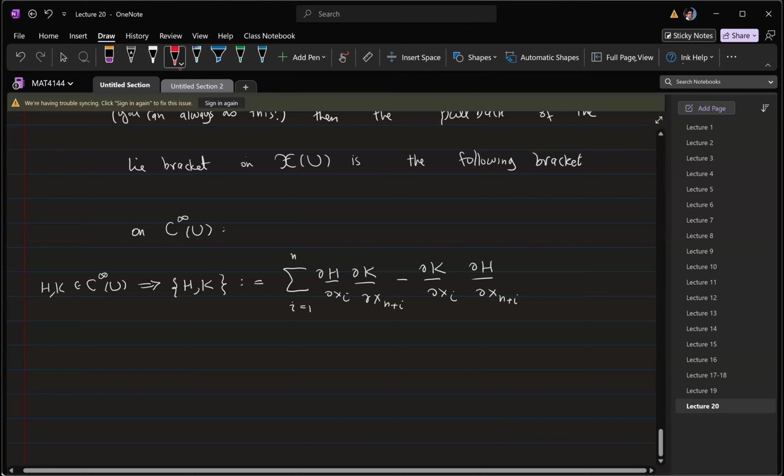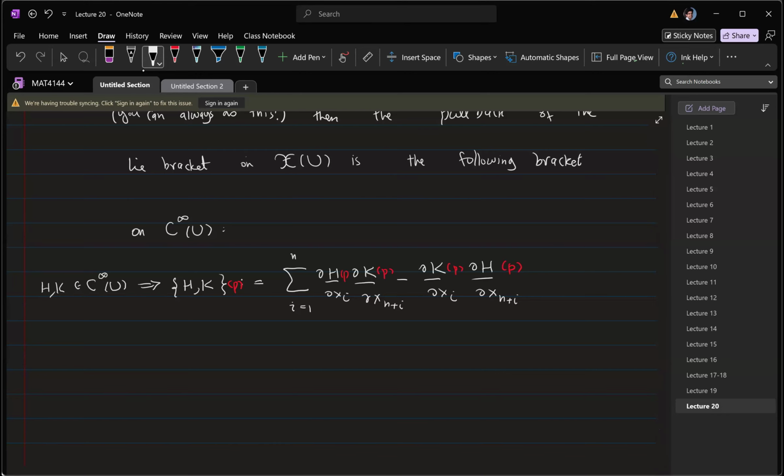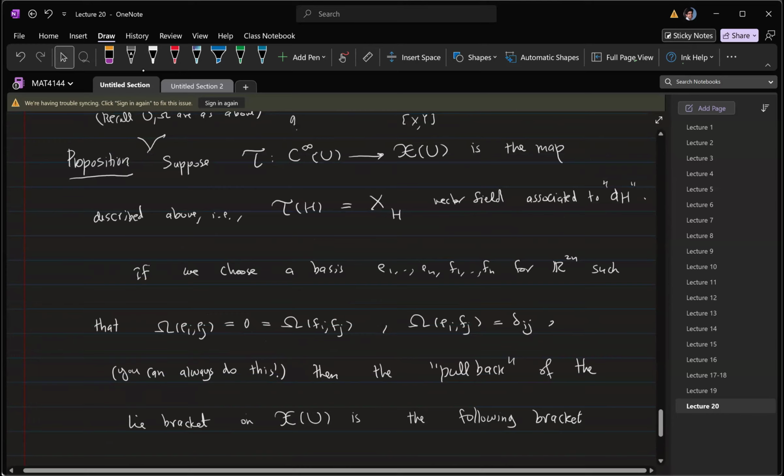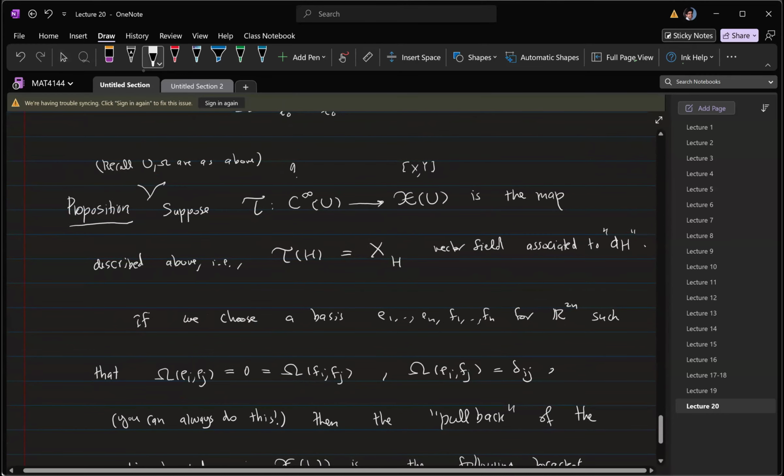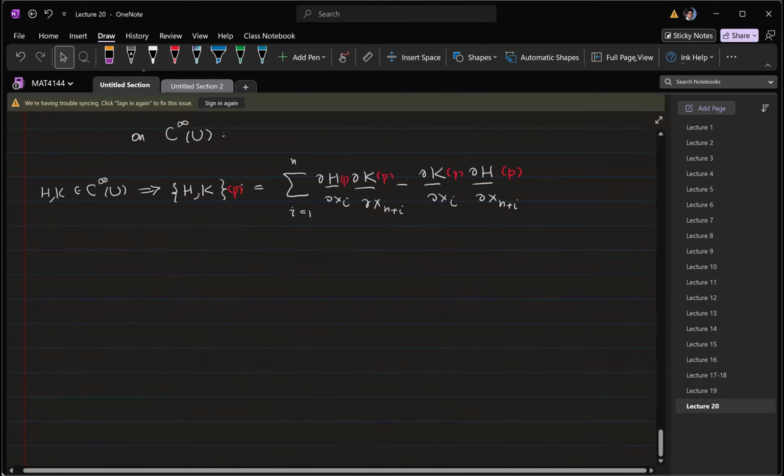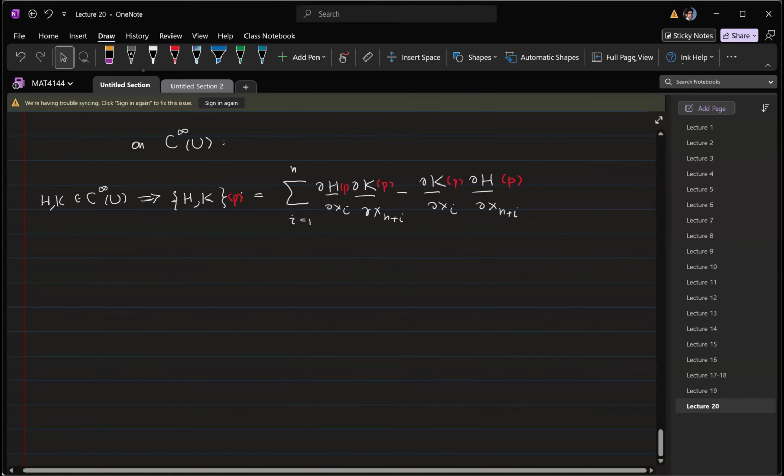If I want to evaluate at p, I should do all of these at p. So the formula is not that bad. It's just some second order sort of operation. The remarkable thing about it is that as the bracket on X(U) was a Lie bracket, this formula describes a Lie algebra structure on the functions.